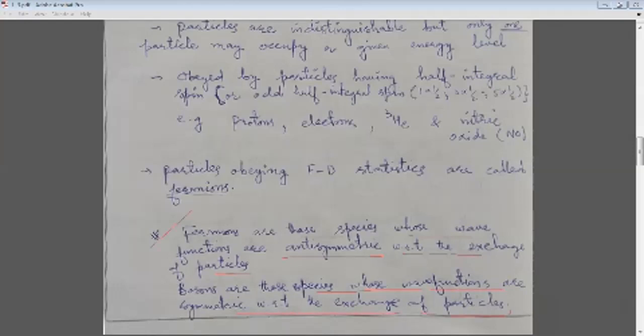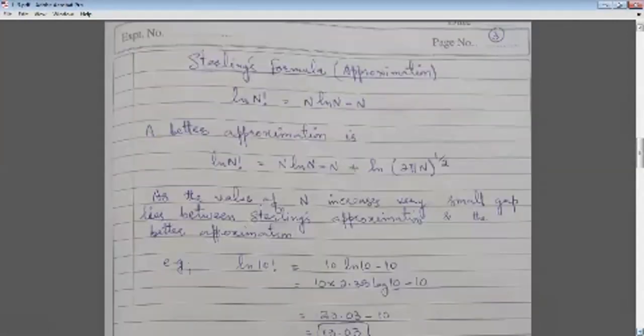If you want to remember this, please remember. Otherwise, for this course, what is important is what are fermions, what are bosons, and which type of statistics they obey.